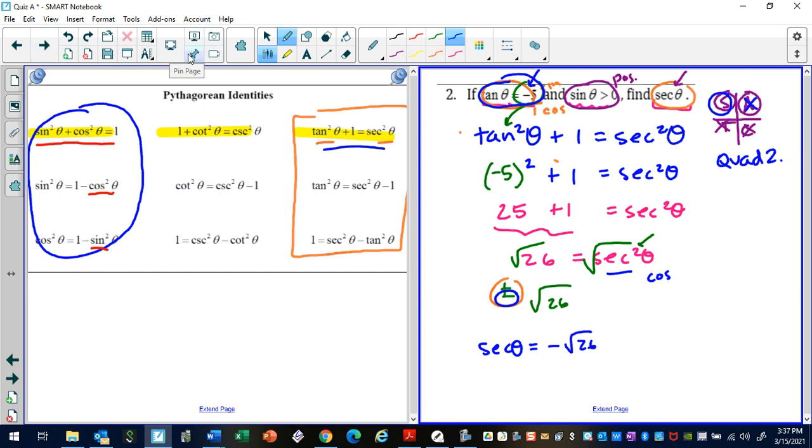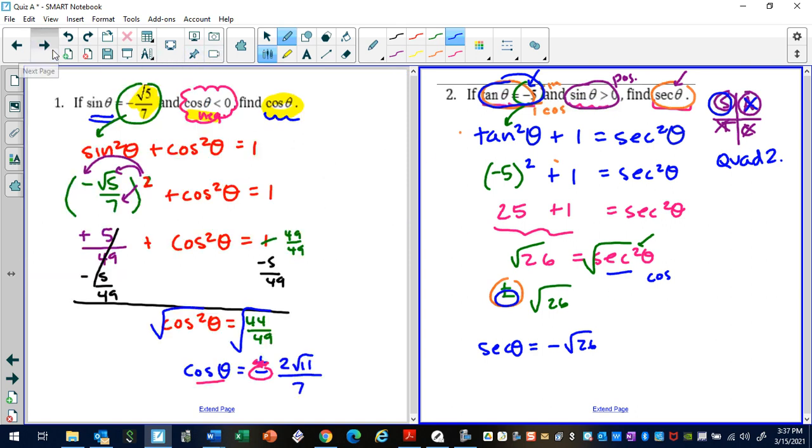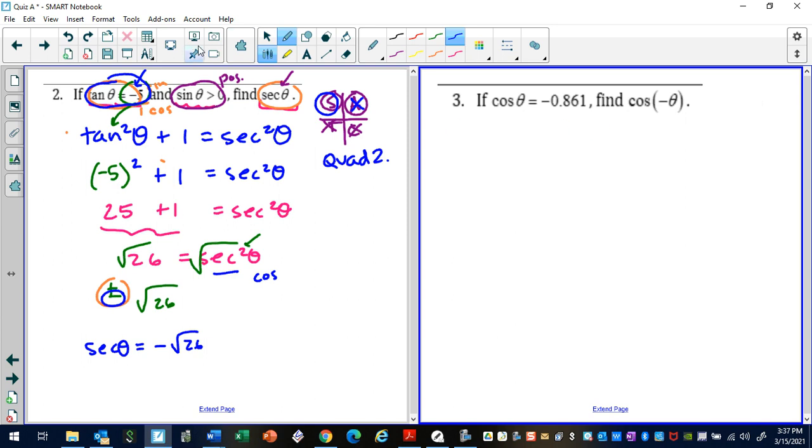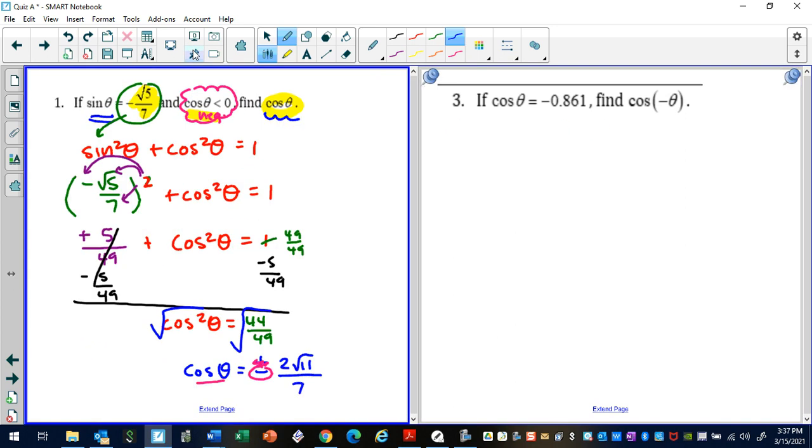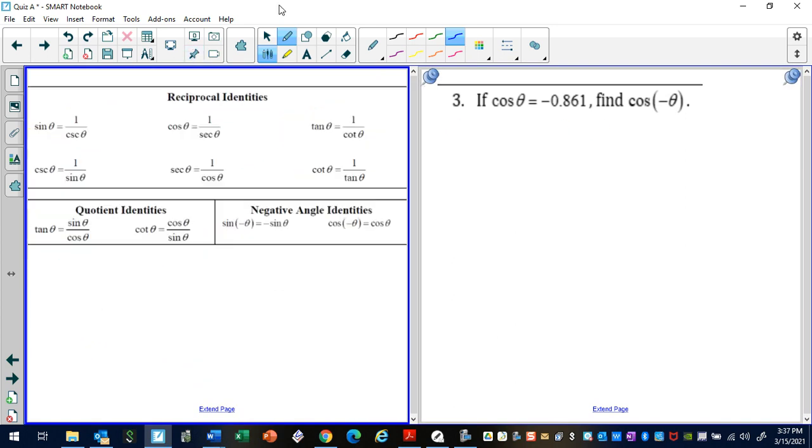All right. Moving on to number 3. This one is where you need to use your negative angle identities. And this was definitely something that confused a lot of students. I knew it was going to be a hard one, but I was unfortunately right.